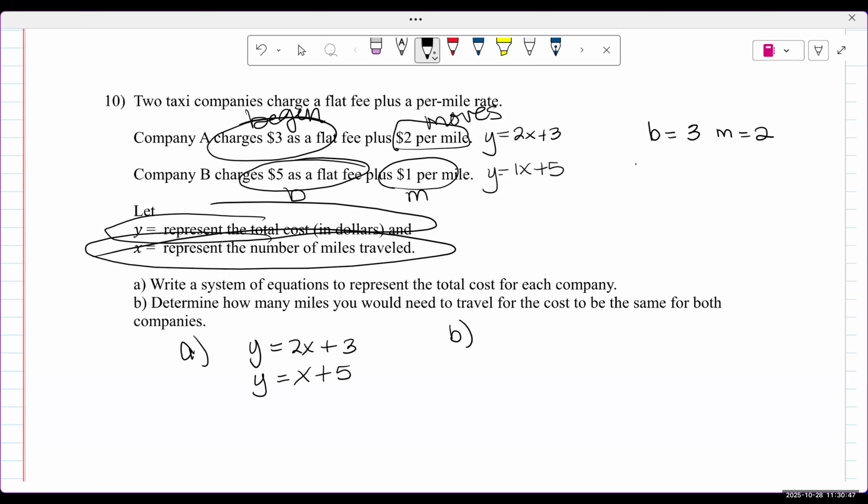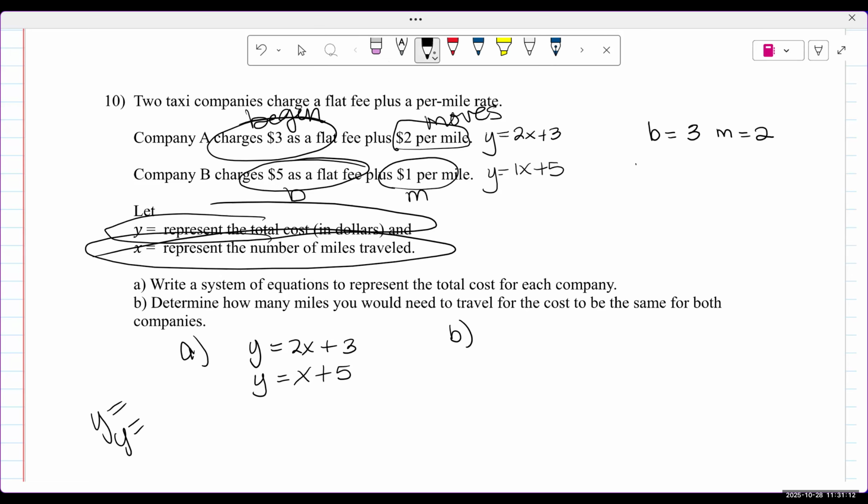Now B, determine how many miles you would need to travel. And at this point in time, the cost would be the same no matter what company you choose. Okay. Now, number 9, we had two equations in standard form. Number 10, notice I have y equals, y equals.